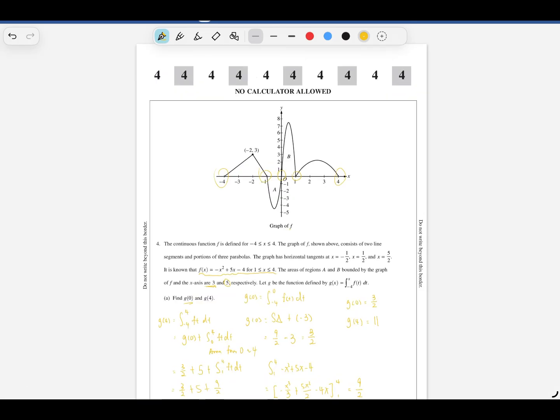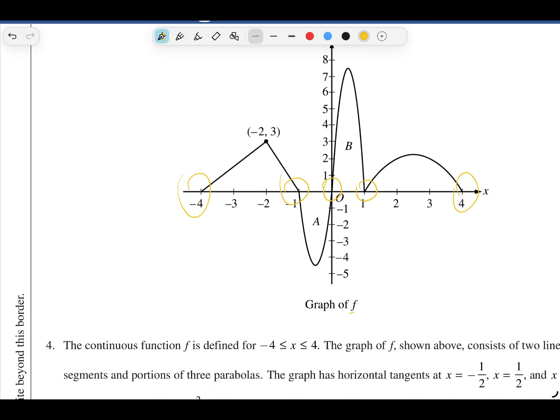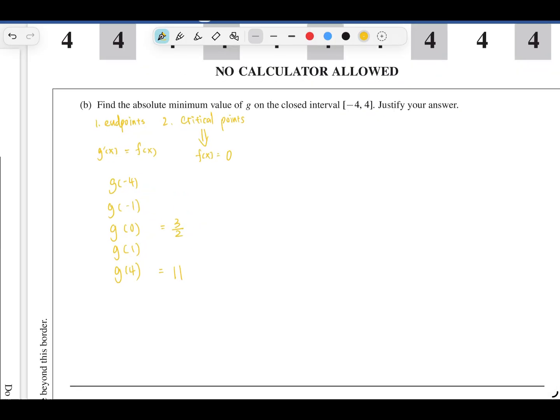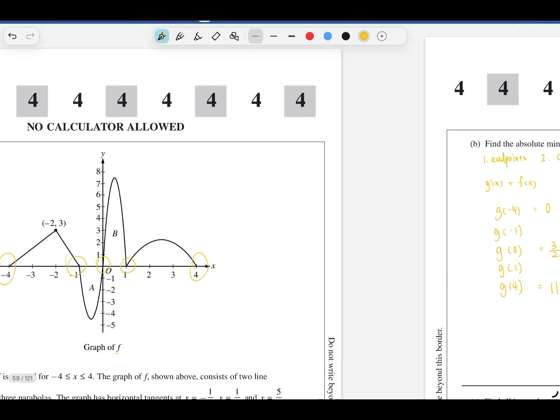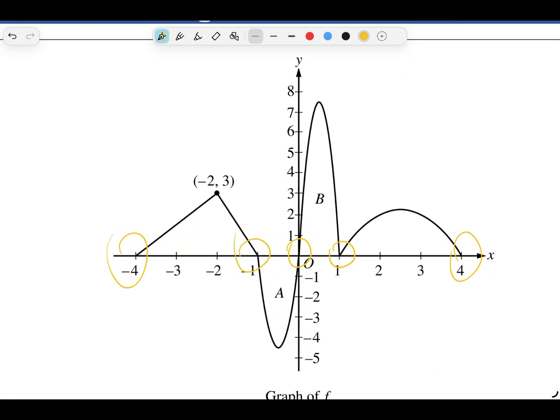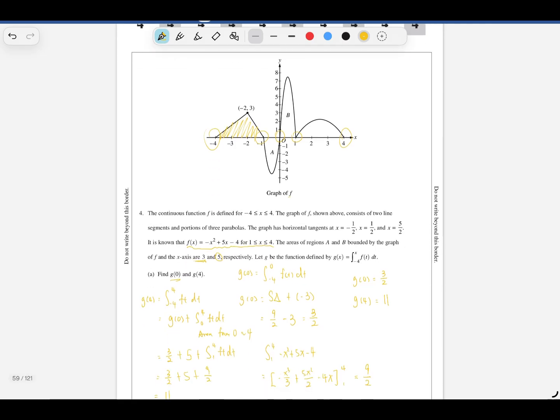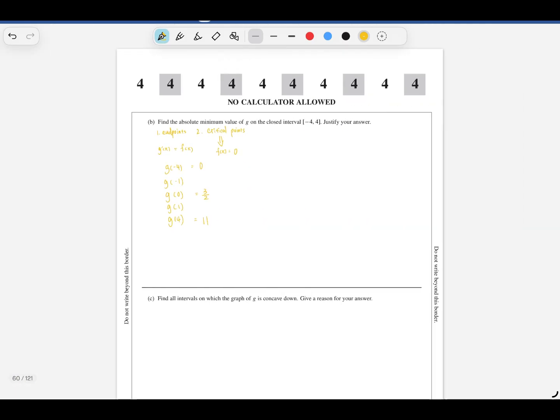We also know g is the signed area under the graph of f. So g(-4) did not move at all, with no area, so it is equal to 0. And g(-1), which is the area of this triangle, which we also calculated, is 9/2.